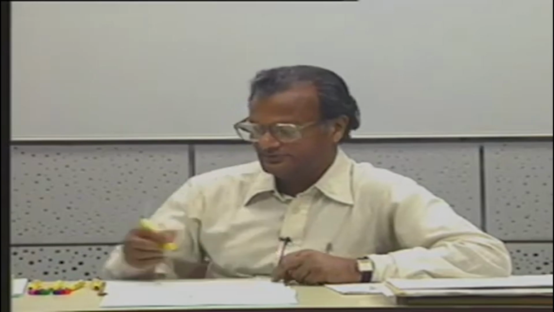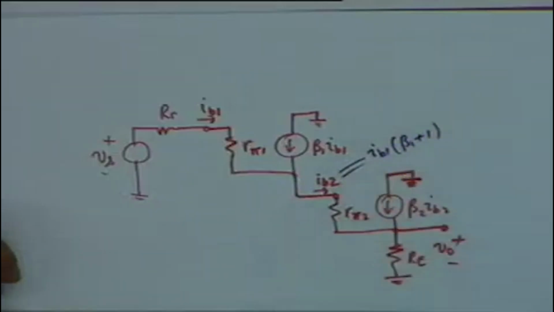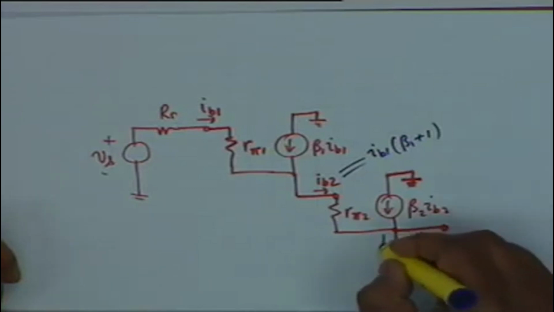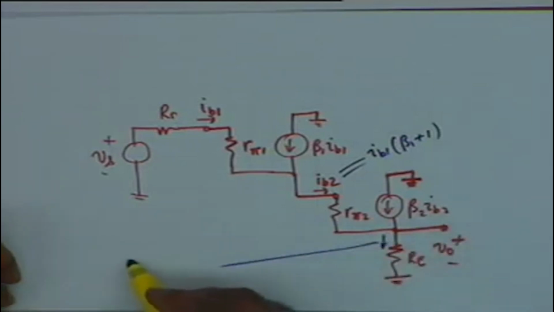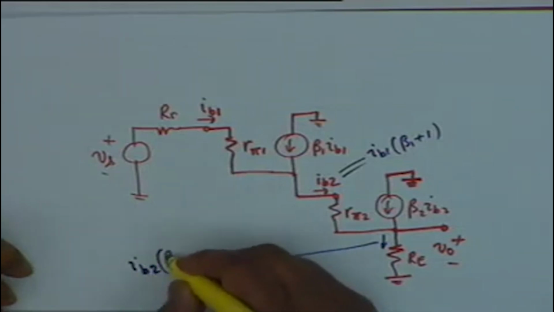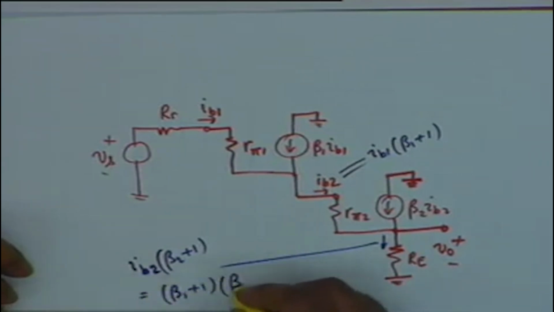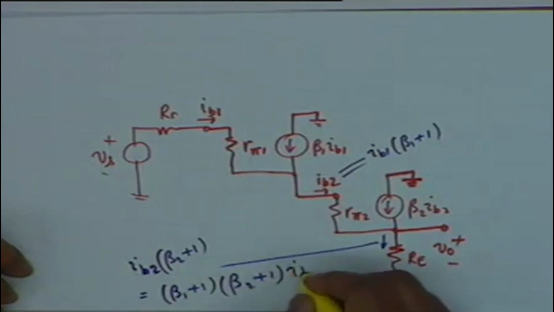You see that IB2 is simply IB1 times (beta 1 plus 1), and therefore this current is IB2 times (beta 2 plus 1), and therefore this is (beta 1 plus 1)(beta 2 plus 1) IB1.